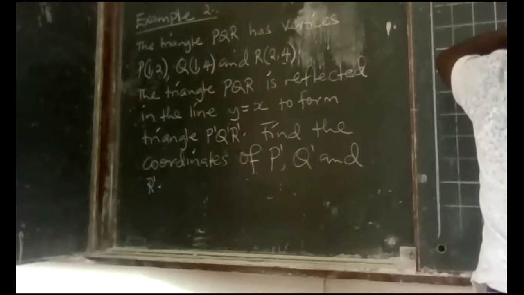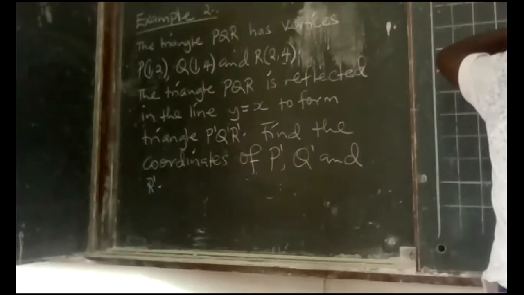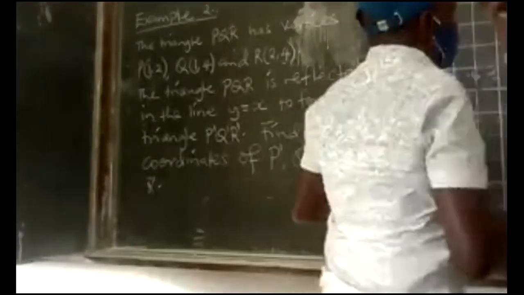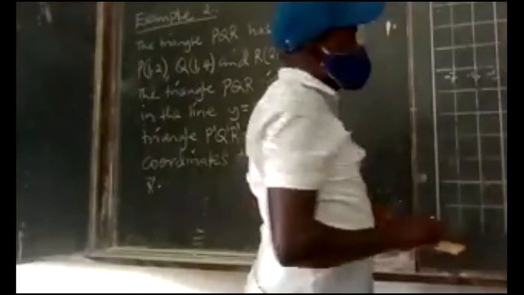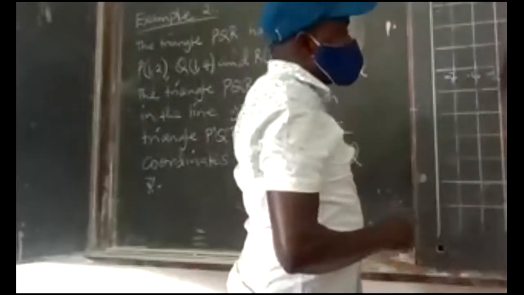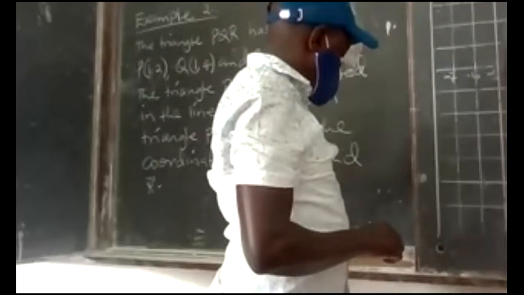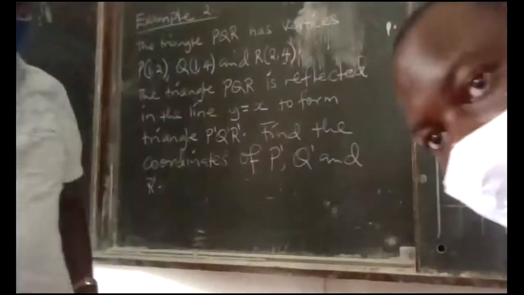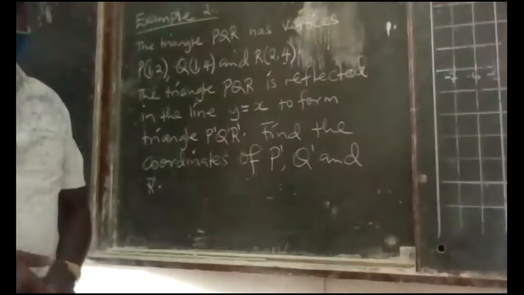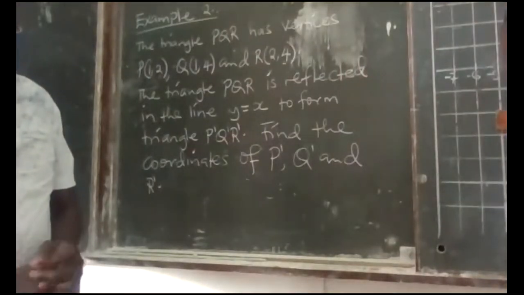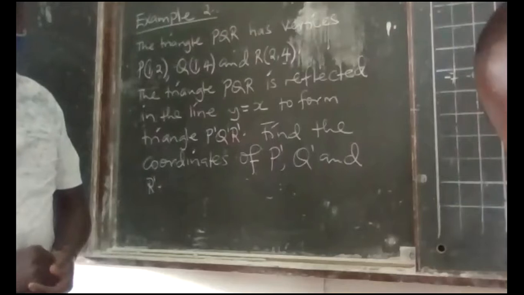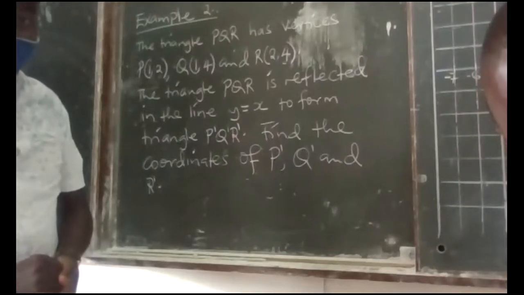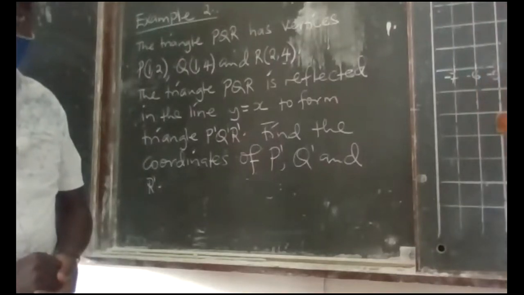We are following the instruction in the question. The question said reflect object ABC with these vertices through the line x equals 1, followed by another reflection. Once they say "followed by," it means the new image is the one you're reflecting through the next line of reflection. We did that because that was the instruction in the question. So we need to pay keen interest to the instructions given.